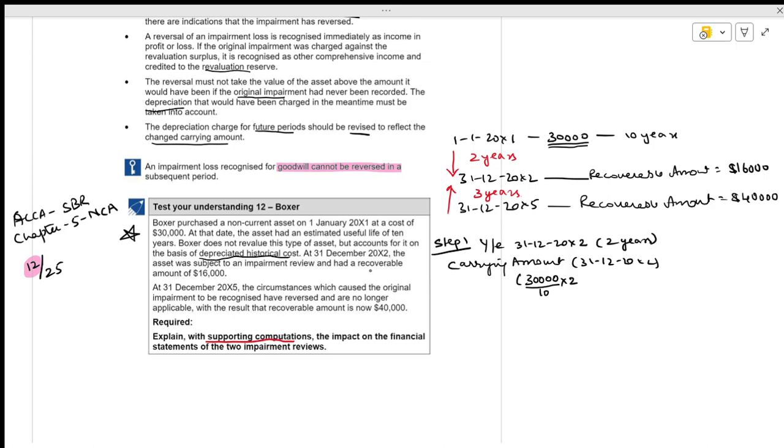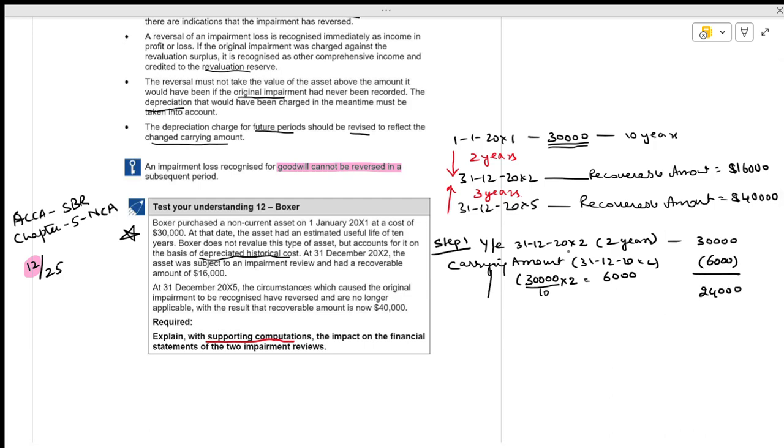Depreciation will be 6,000. The historical cost is 30,000, depreciation is 6,000, so the carrying amount is 24,000.